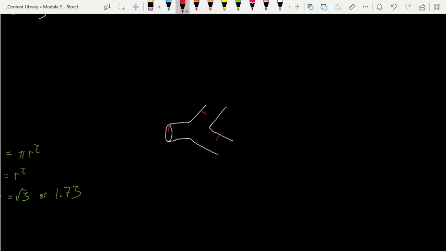We haven't changed radius, but we have split, so we're running in parallel. So what would we expect to happen? A huge decrease in the overall resistance. And if the resistance goes down, because it is proportional to pressure, as my resistance goes down, what happens to my pressure? My pressure drops. So this doesn't work.